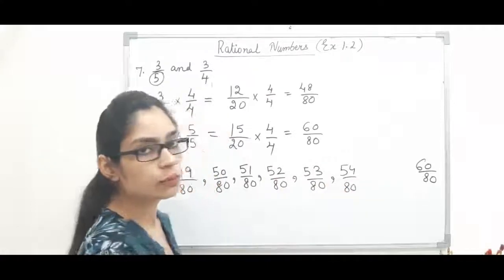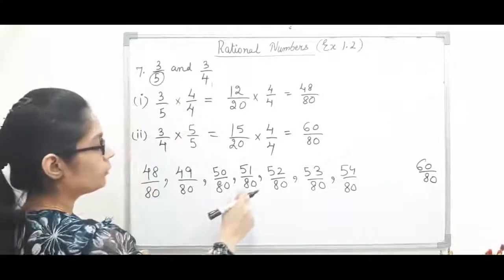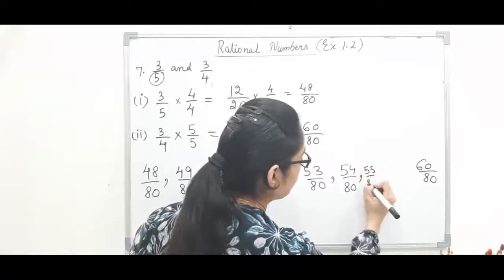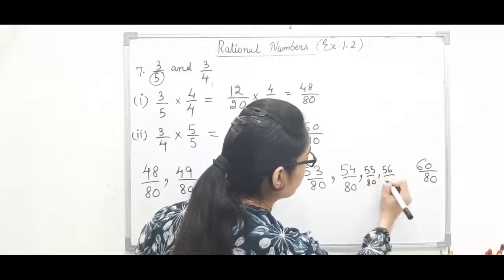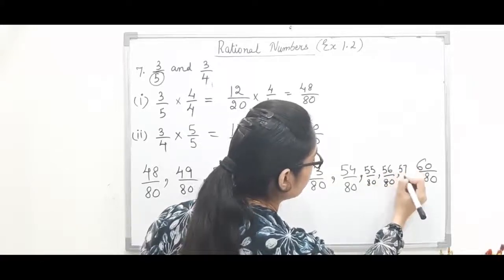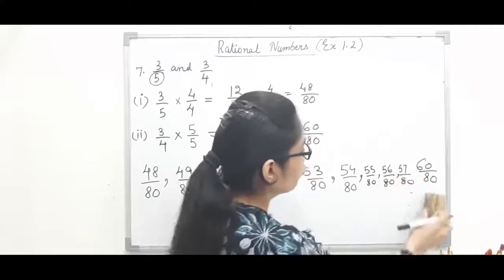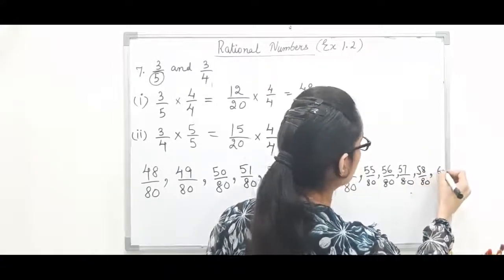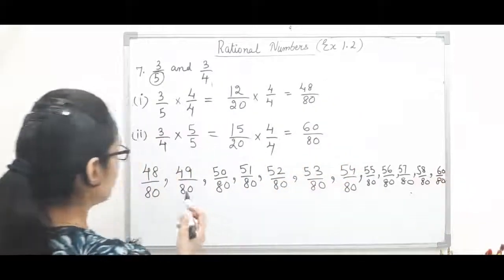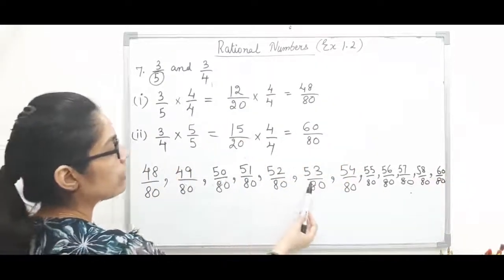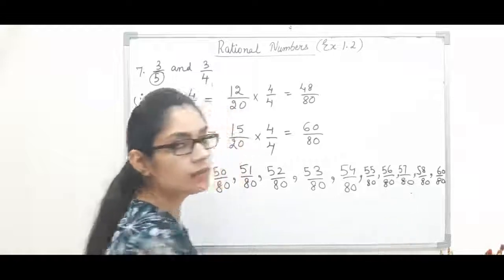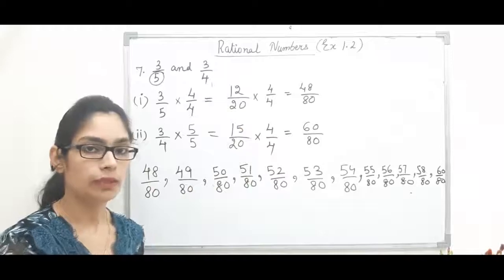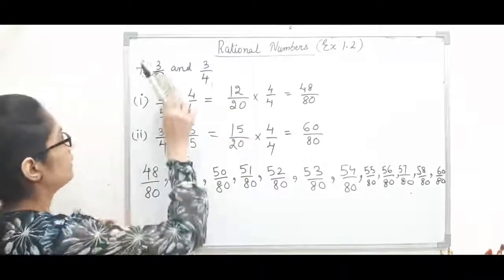We can stop once we write 10 numbers. 1, 2, 3, 4, 5, 6, 4 more: 55 by 80, 56 by 80, 57 by 80 and 58 by 80, then 60 by 80 is already there. Now we can count 1, 2, 3, 4, 5, 6, 7, 8, 9, 10. So we have written the required 10 rational numbers between this and this.